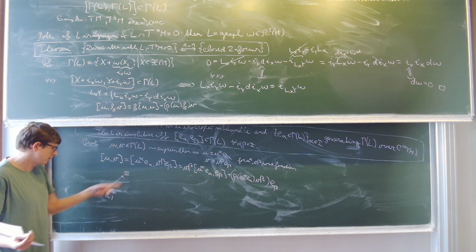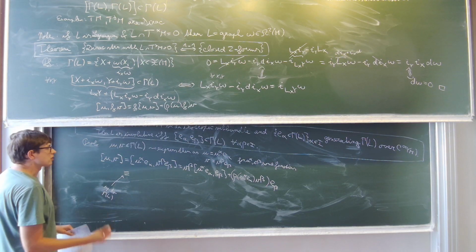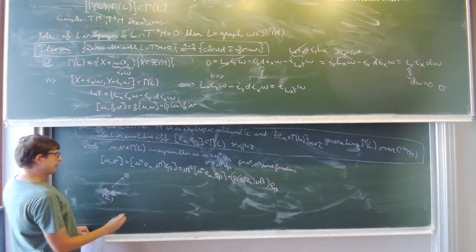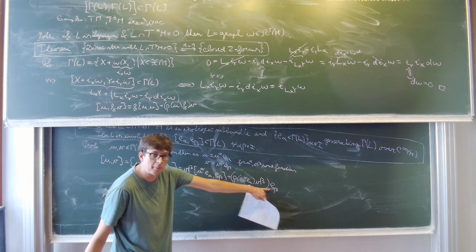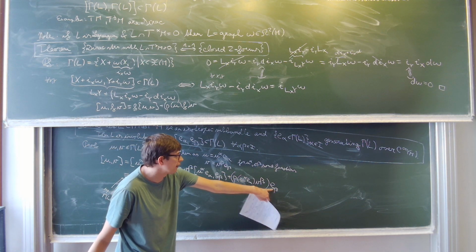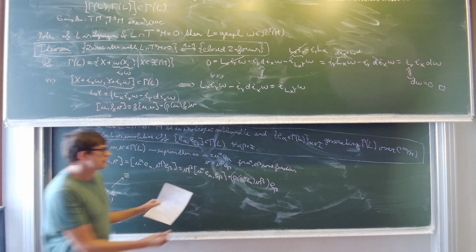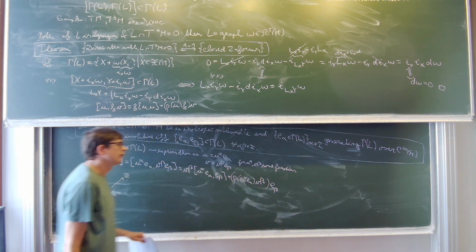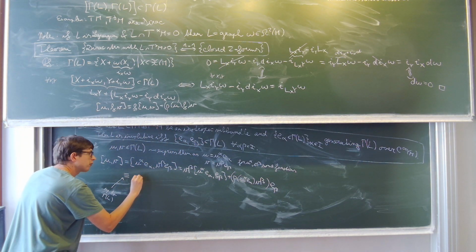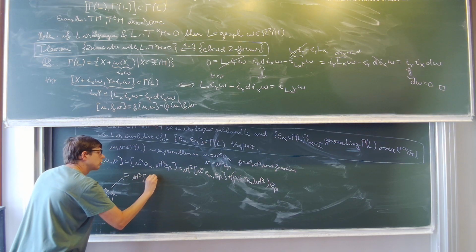I will write this to be up to sections of L. And the last thing is namely a section of L, because E beta was a section of L, and this thing is just some function that multiplies it. So this is already simplified. So this is V beta.